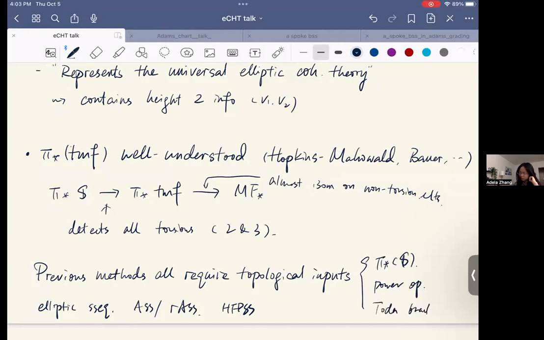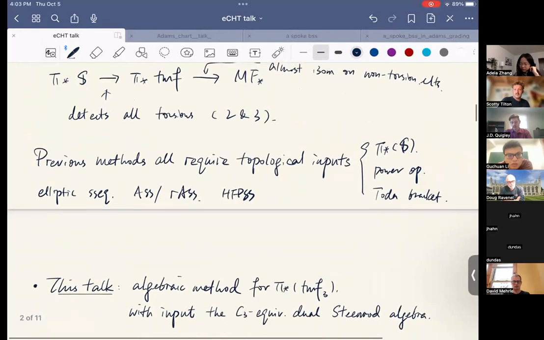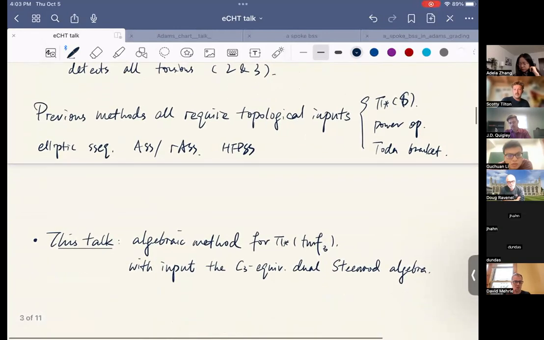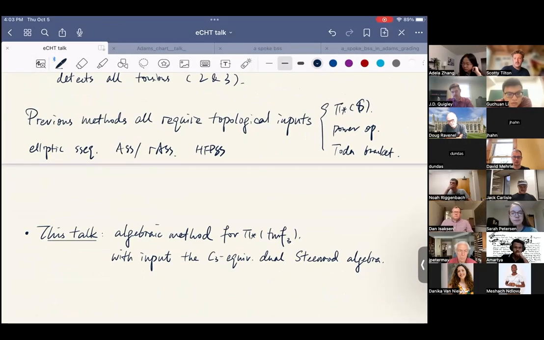These are all tools that require some homotopy theory input; in other words, they cannot be deduced merely by knowing the E1 page, the chain complex on the E1 page, and the d1 differentials. So the point of this talk is that we'll explain how to compute pi star, the three localized homotopy group of TMF, using an entirely algebraic method.